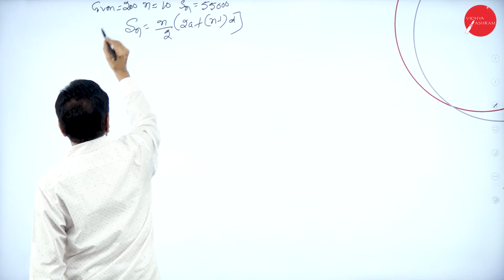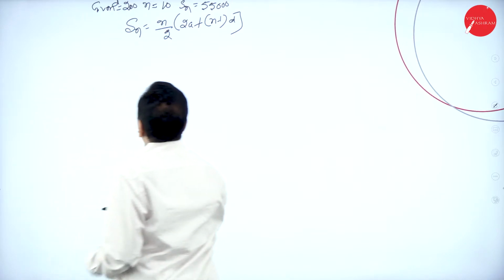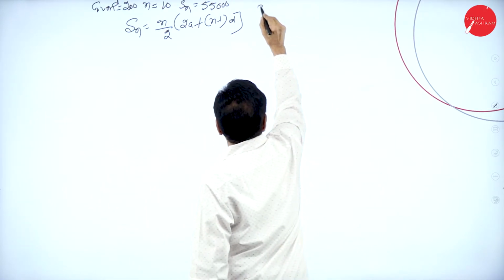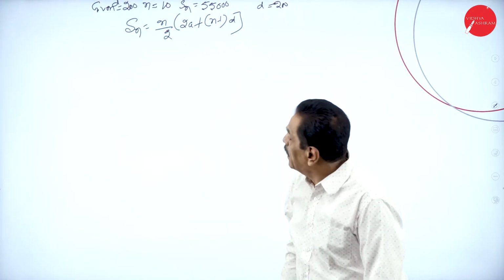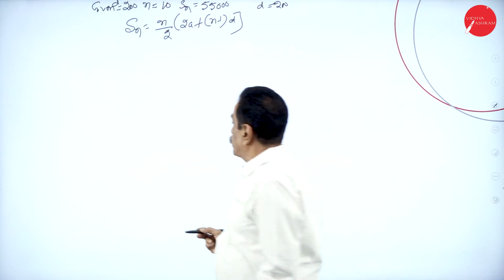Given difference D is 200, N is 10. A they want, SN is 55,000.